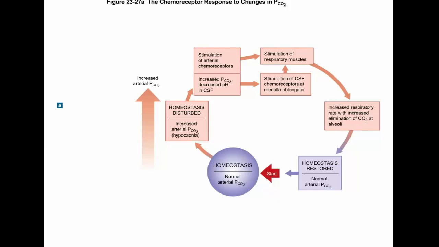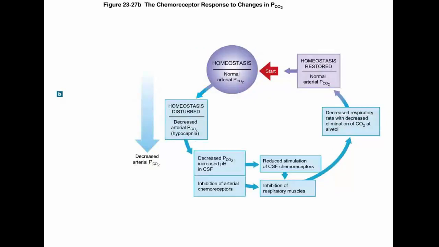If we look now, so that was looking at an increased arterial partial pressure of carbon dioxide. Next, we're going to look at a decrease in the partial pressure of carbon dioxide. So again, we're going to start off at the purple circle, and we're following the arrows around. So homeostasis, the body's in balance, normal arterial partial pressure of carbon dioxide.